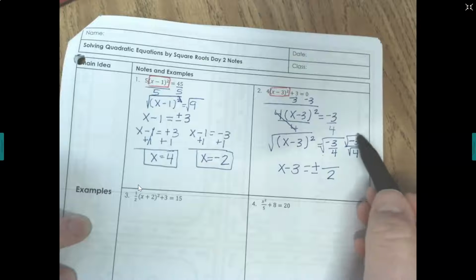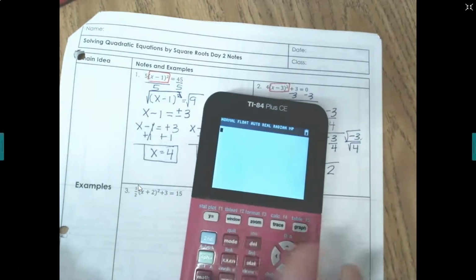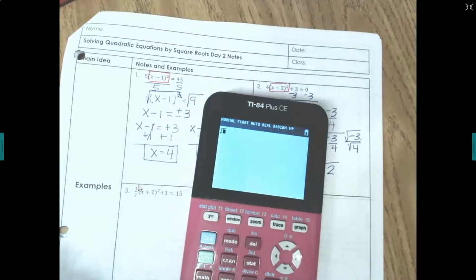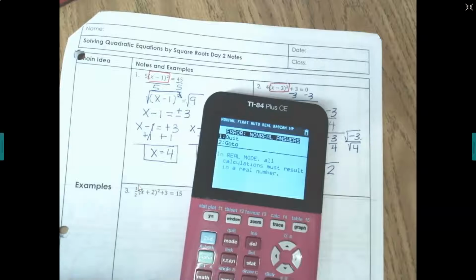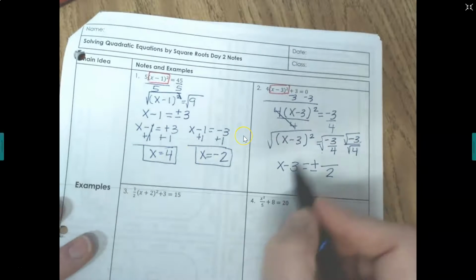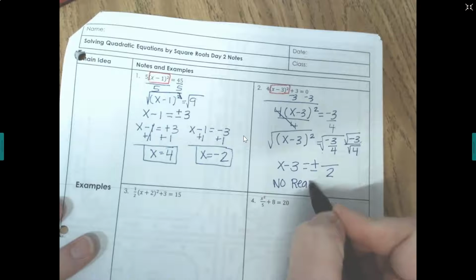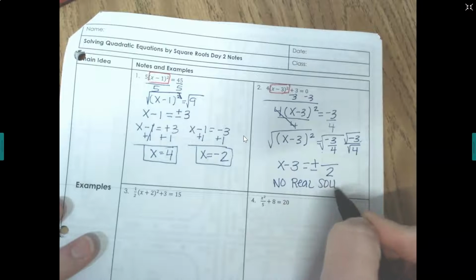Where we do come into a problem is right here. If you take your calculator and put in the square root of negative 3 to find out what that is, it says non-real answers. You cannot take the square root of a negative number and have a real answer. So we have to stop, and we're going to say here that there are no real solutions.